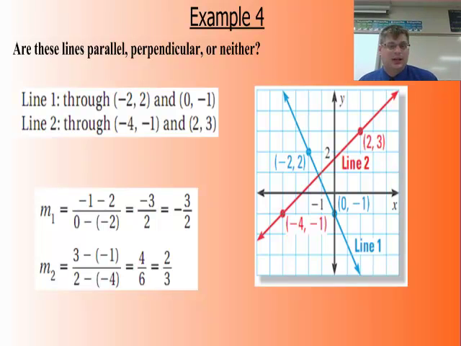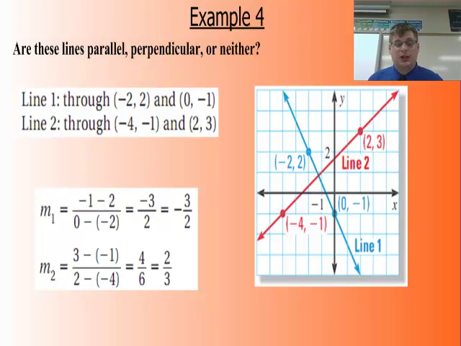Okay, now let's look at example 4 where we're going to have to identify if lines are parallel, perpendicular, or neither. So line 1 goes through (-2, 2) and (0, -1). Line 2 goes through (-4, -1) and (2, 3).